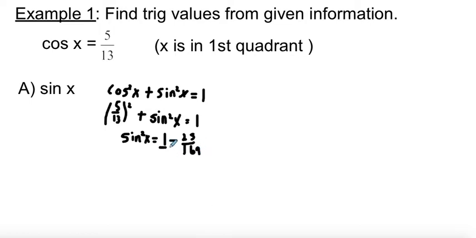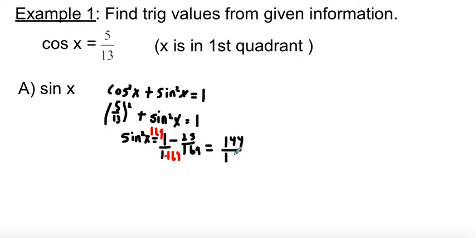And then I'm going to get a common denominator, so I can multiply my numerator and denominator by 169. Do the same thing up here. So really, 169 minus 25 in my numerator, I'm getting 144 over 169.